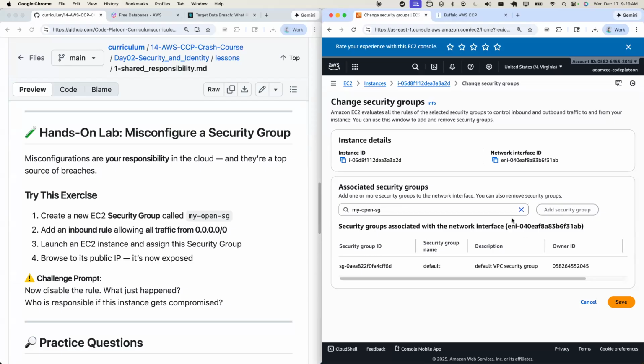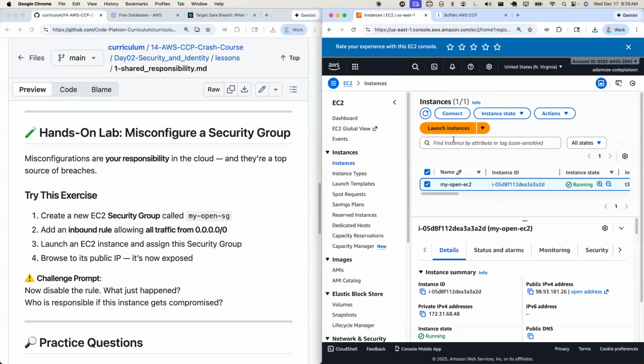And I'm not sure what's going on here. I apologize. Maybe I created the security group wrong, or maybe I can't find it for some reason. So I'm just going to go back and destroy this EC2.